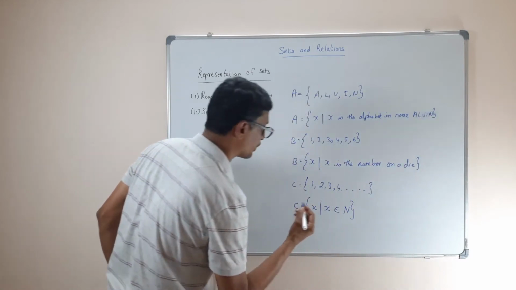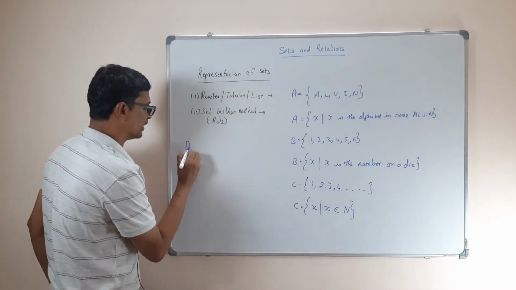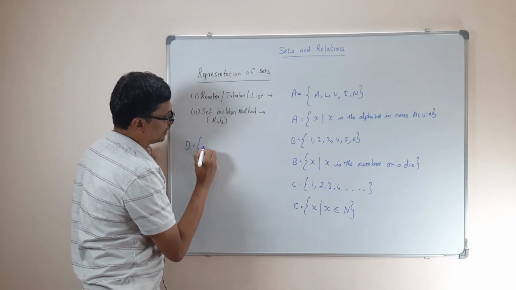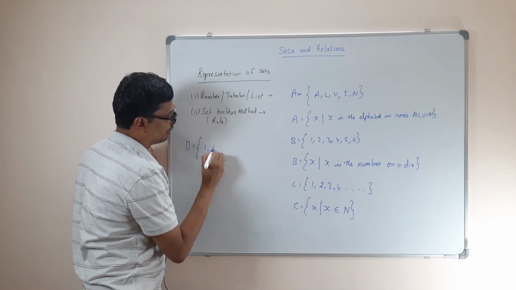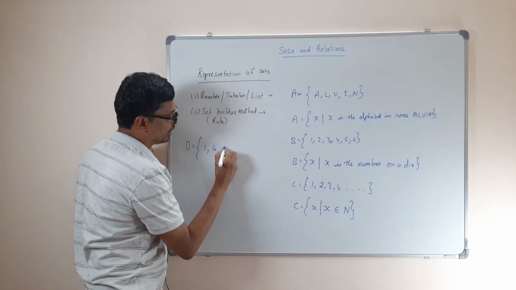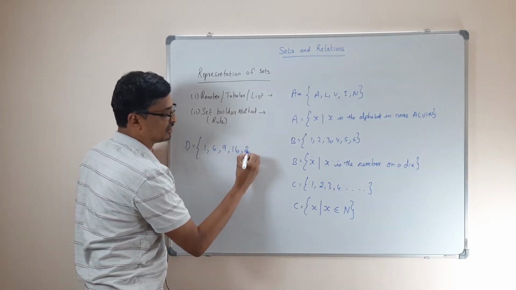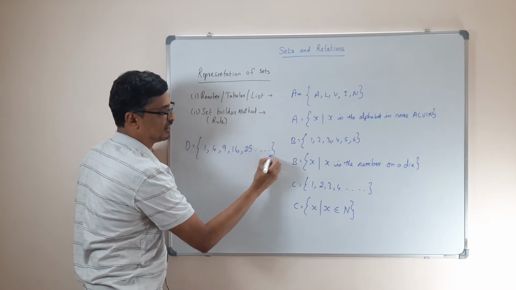Okay, and then otherwise you can have something like this. This is another example that they gave in the book: D is equal to, say for example, 1, 4, 9. What is the next one? You tell me. Okay, square number. Correct.